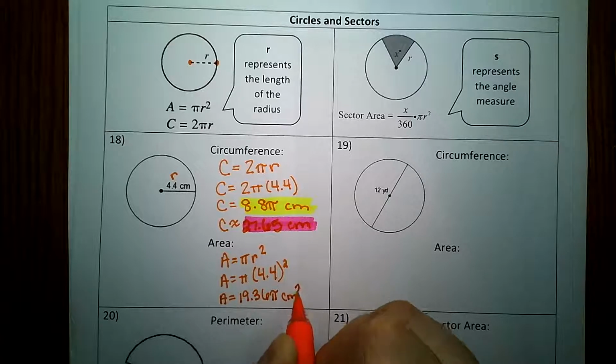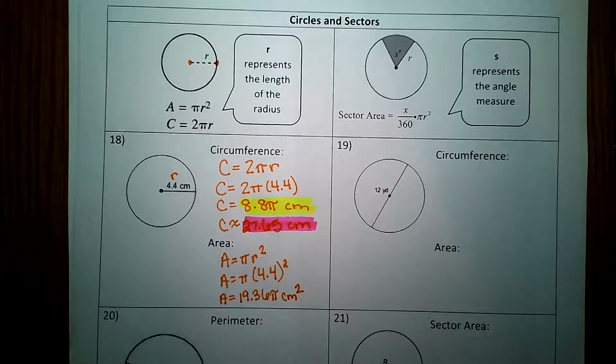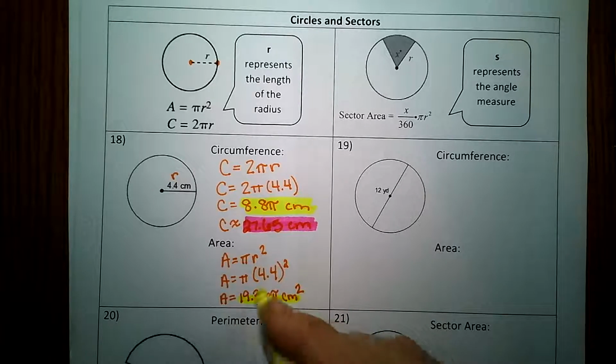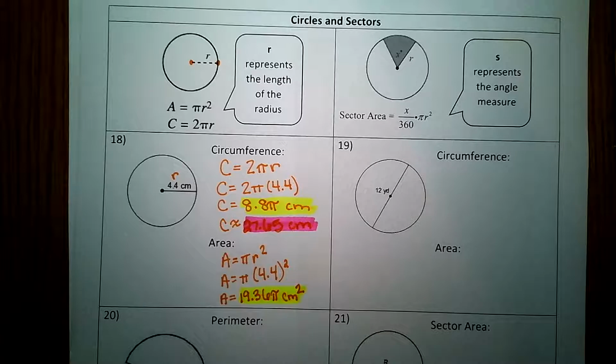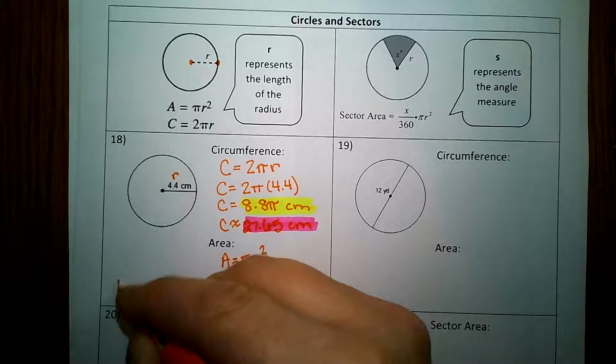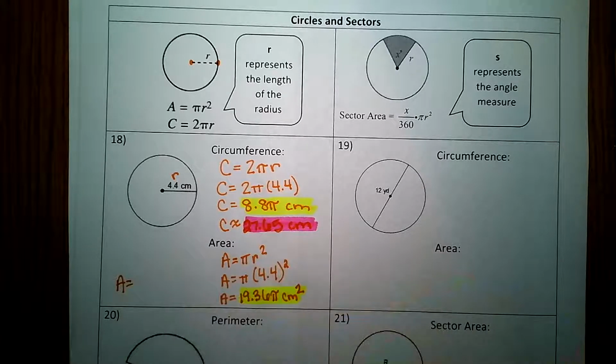Now we're doing area, so squared. If I don't need the exact value, that is a good answer. Sometimes my answers are written in this way with the pi still in the problem. If I don't need the exact answer, if I can round it, then I'll want to use the pi button in the calculator.